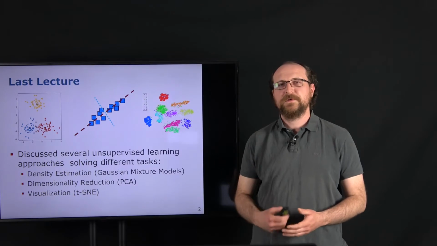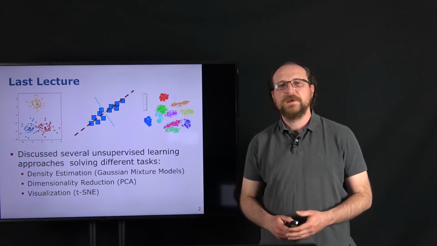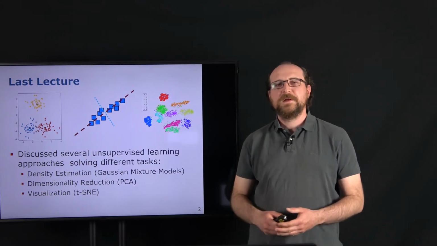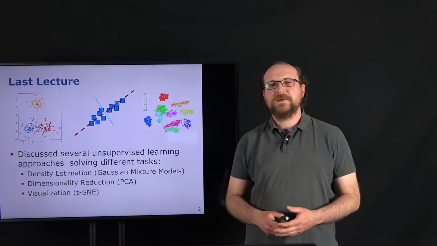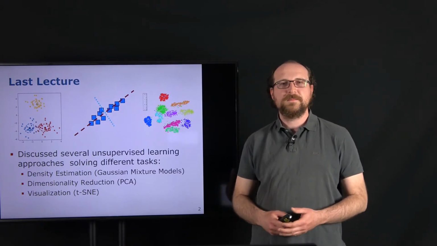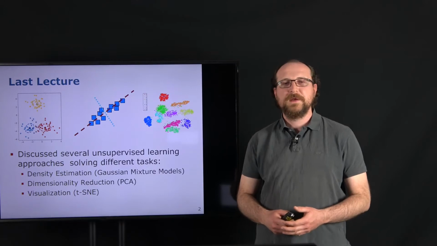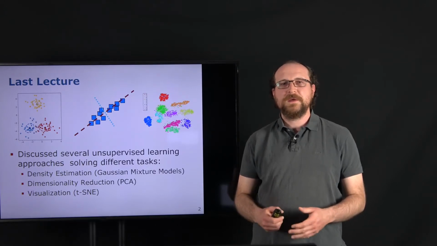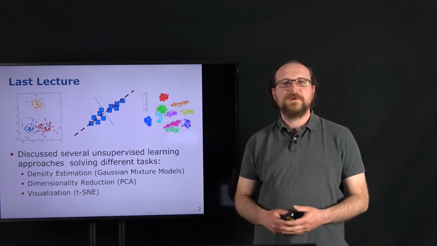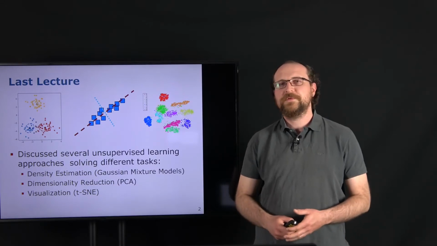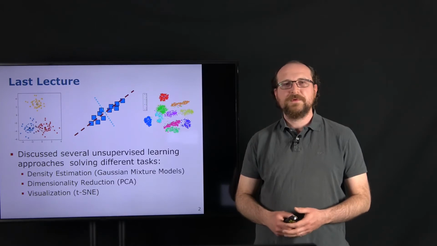In the last lecture we talked about unsupervised learning, and here we covered several different tasks, like density estimation using a Gaussian mixture model, but also how we can reduce the number of features that we are using for our machine learning task by using principal component analysis.